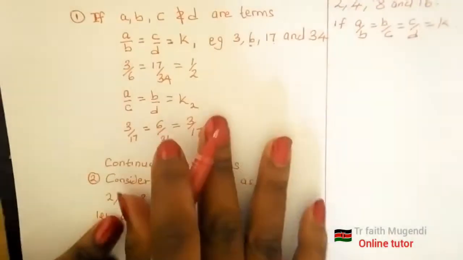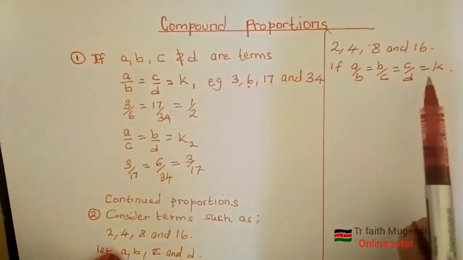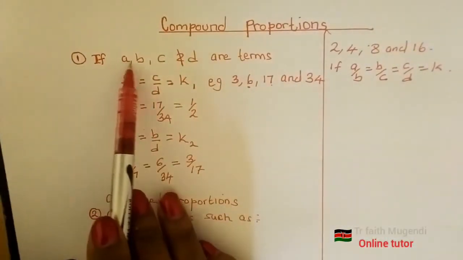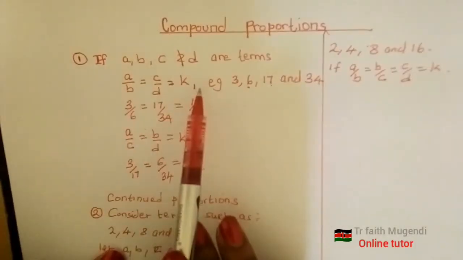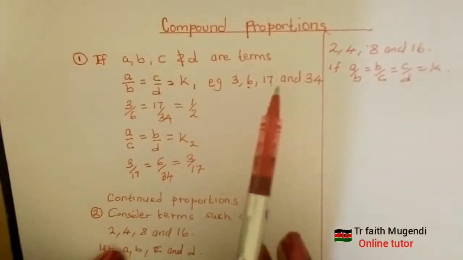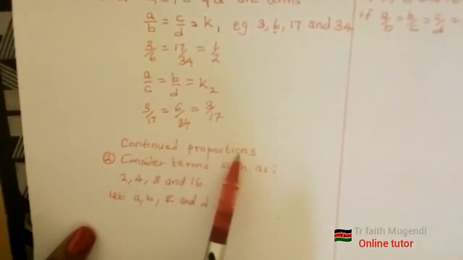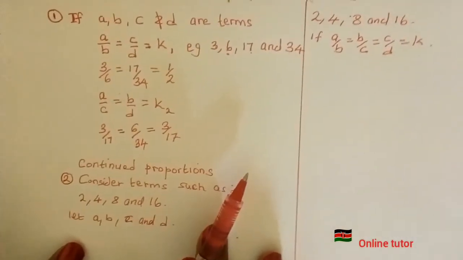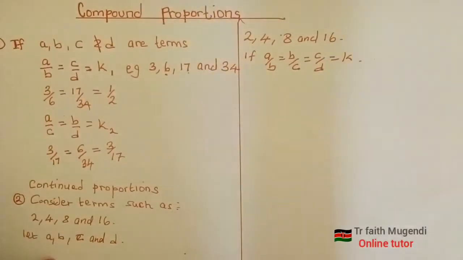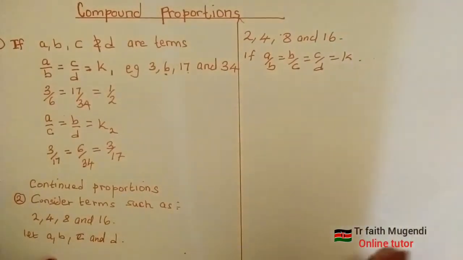There is a slight difference compared with compound proportion, because we didn't take the successive ratios. We just took A over B equals C over D equals a certain constant, and then we say those terms are in proportion. But when we are talking about continued proportion, we say that A, B, C, and D are in continued proportion if their successive ratios are equal to a common constant.